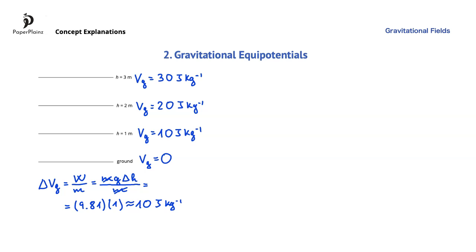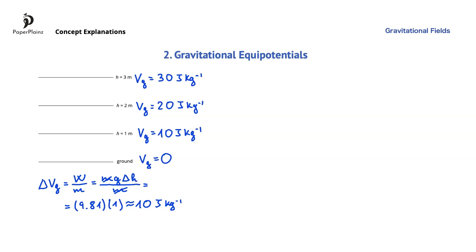When the object moves back to the ground, so to the 0 potential, the work is done by the gravitational field. Recall that when a mass is moved from a specific position to infinity, work must be done on the object against the field. So this is the reason why we have positive gravitational potential values here.